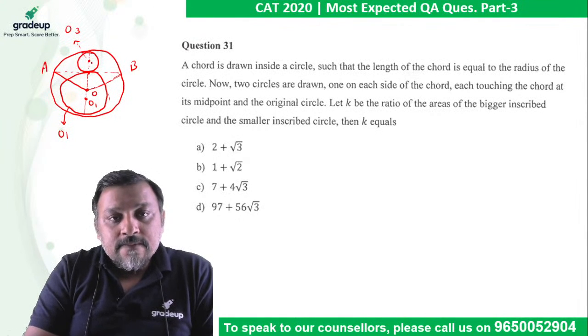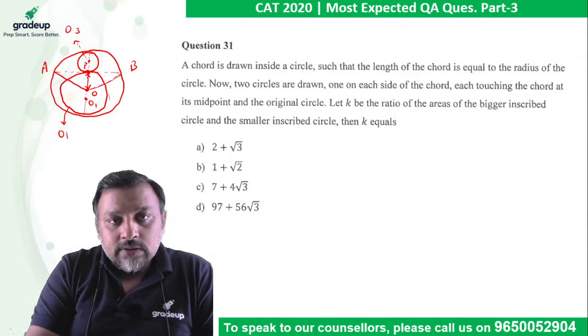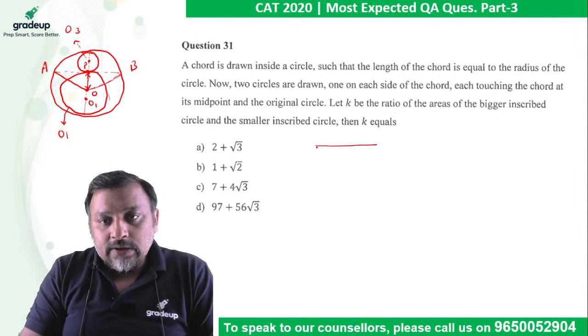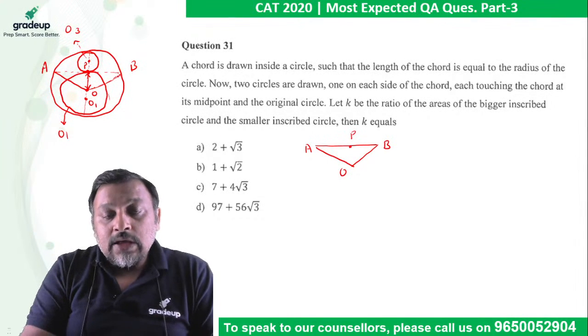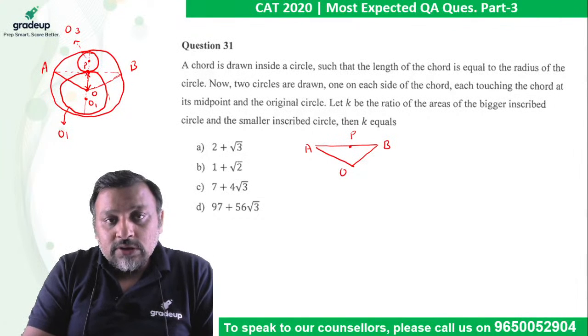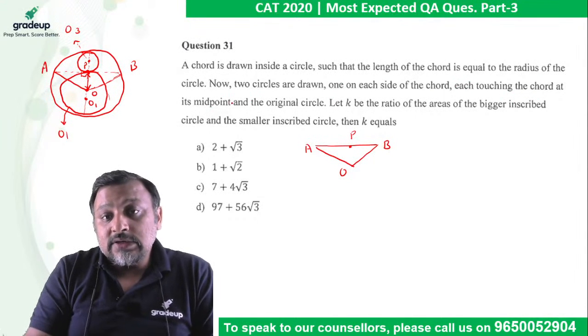Now, can we calculate this value? Let us say this point is P. So if I draw this triangle here, this is A, this is O, this is B, and this point is P. Since we are dropping a perpendicular on this chord, it will also bisect the chord, and it is given that the circle touches the chord at its midpoint.